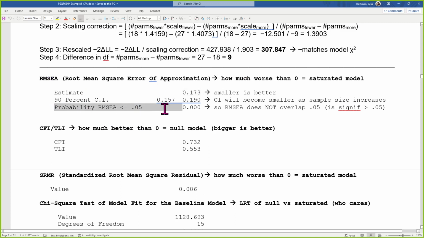RMSEA also comes with another hypothesis test, cough, cough, homework question, a test of close fit, which is whether it's less than 0.05. And here our p-value is 0 to 3 digits saying nope, 0.17 is decidedly not less than 0.05. So we're not only worse than perfect, we're worse than close. Not good enough, point being.